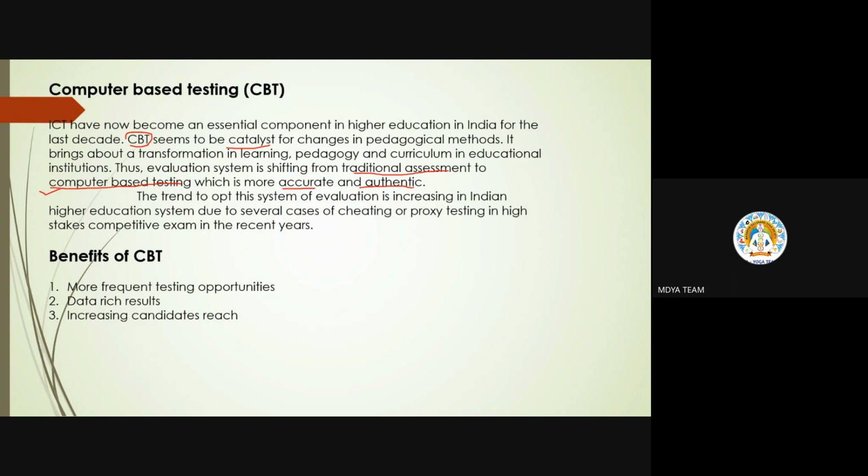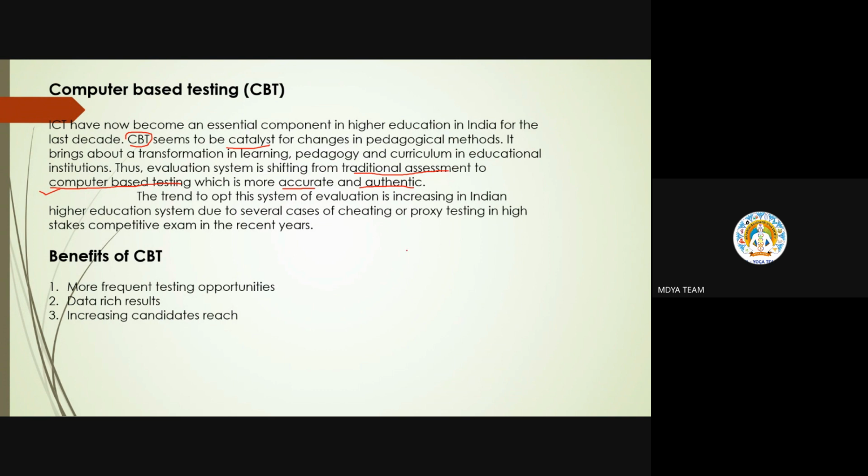So there may be some favoritism while checking the sheets. Also there is some human error, like the energy present in checking the first copy in comparison to the energy present while checking the last copy. This also makes a difference in the marks of the learner. So the CBT system is more accurate and more authentic.